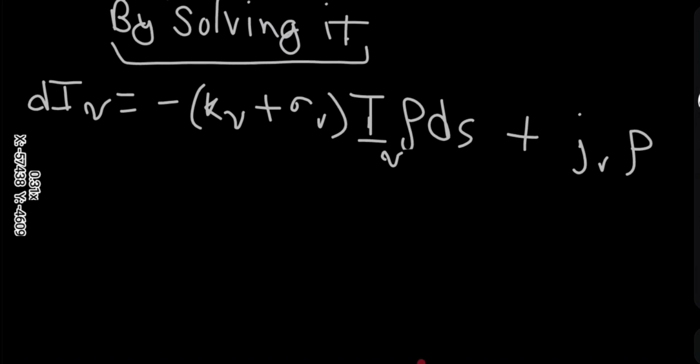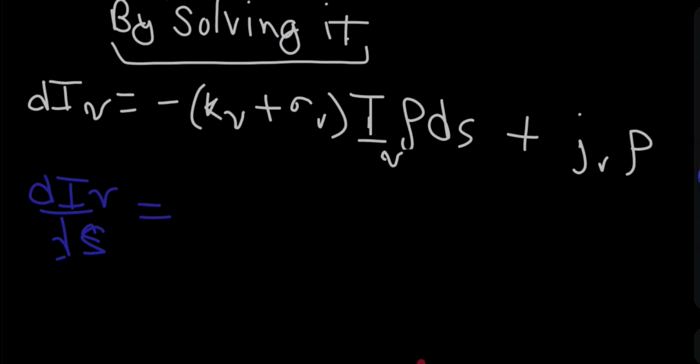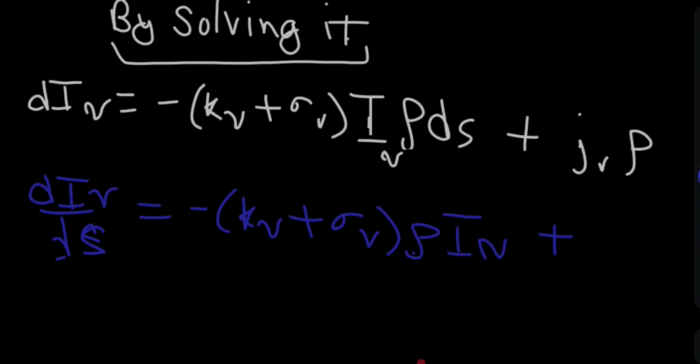Now after rearranging this term, there is another equation: dI mu by ds is equal to the negative of k mu plus sigma mu, where mu means the frequency, it's the subscript we are using here, times rho I mu, plus j mu rho.